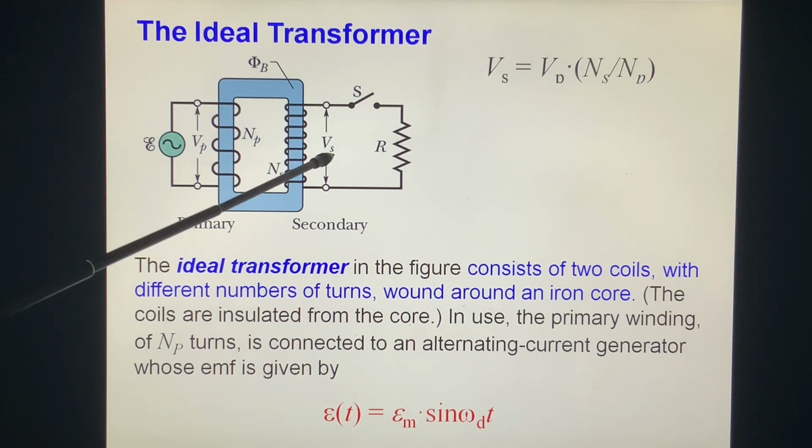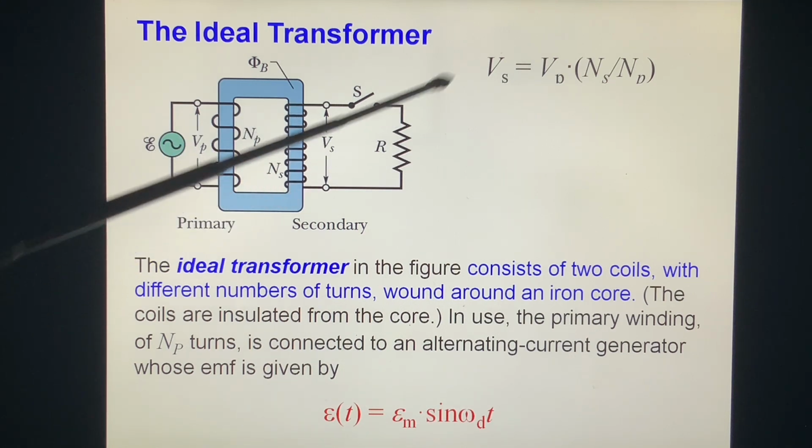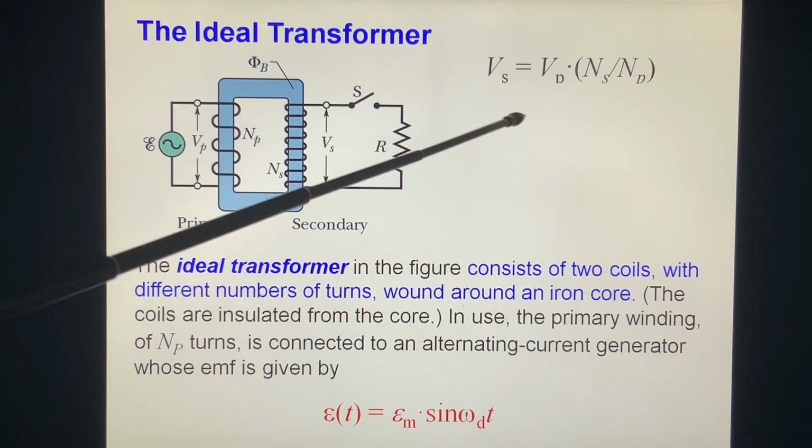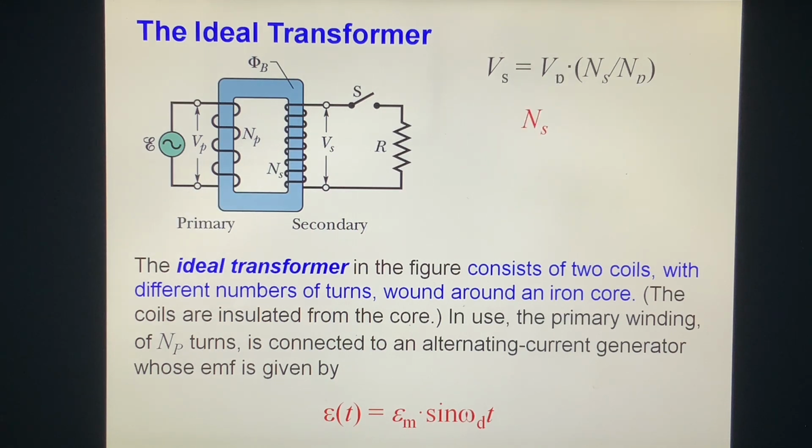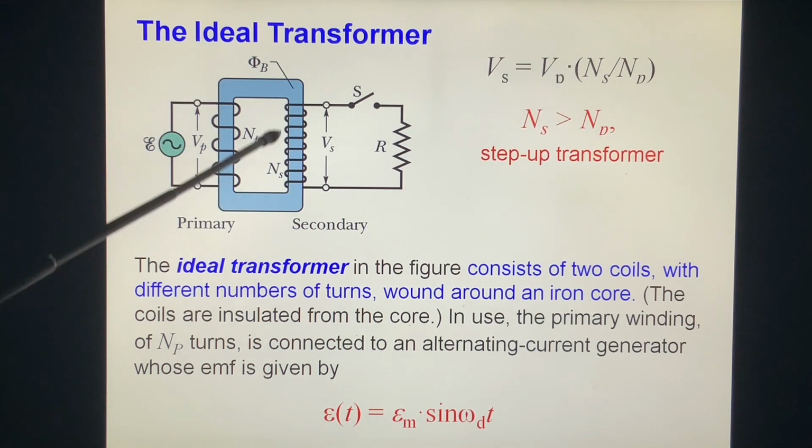And the voltage from the second coil, Vs, equals V primary times Ns over Np, because each turn induces the same electromotive force.